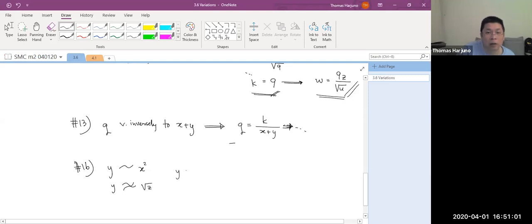Because it is directly proportional to the square of x, then y equals kx squared, inversely to z, so that's over square root of z. Then that's the equation.